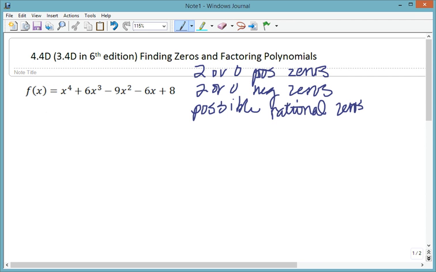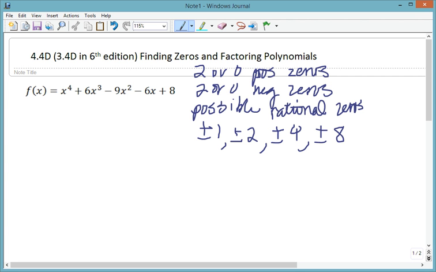So you notice that this one is an 8 and this one is a 1. So we'll just be looking at factors of 8 over 1, so just factors of 8. So we have plus or minus 1, plus or minus 2, plus or minus 4, plus or minus 8. Okay, so those are the ones that we'll try as we go along.